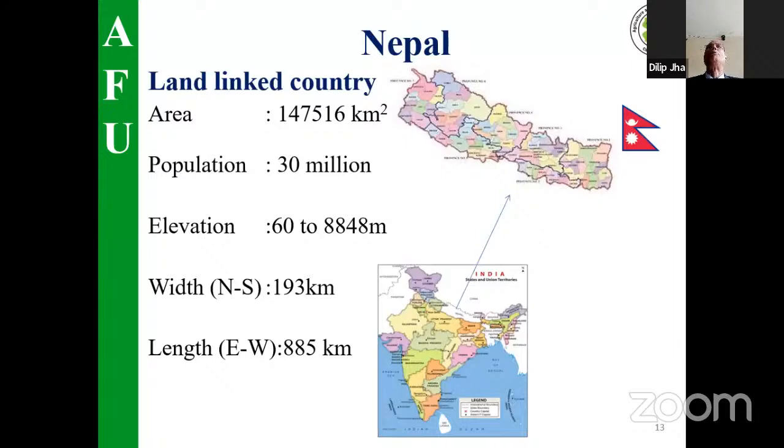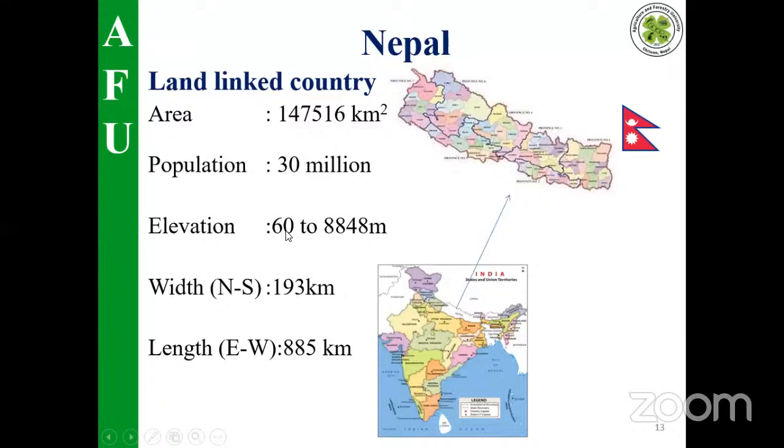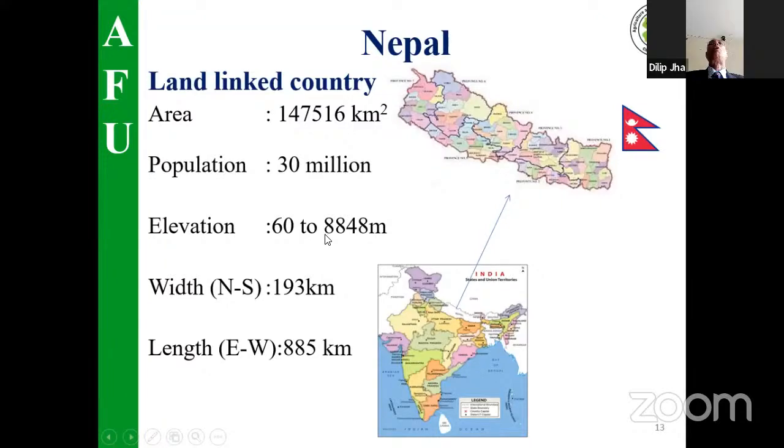And see the photo: if we look at the map of India, then Nepal is a narrow strip. I think most of the states of India are bigger than this. This is Nepal, in the northern part. Population is around 30 million. Elevation ranges from the lowest, 60 meters, to the top of the world, Mount Everest, 8,848 meters.